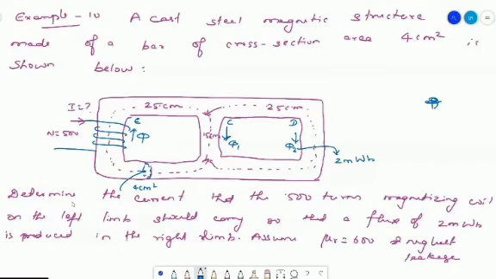Determine the current that the 500 turns magnetizing coil on the left limb should carry, so that a flux of 2 milliweber is produced in the right limb. So mu r for this material is given to be 600. Neglect the leakage. So let us proceed further.